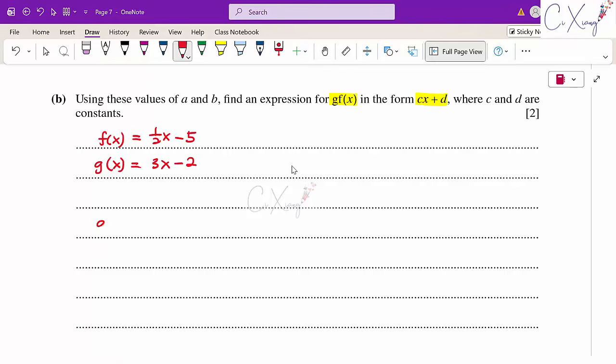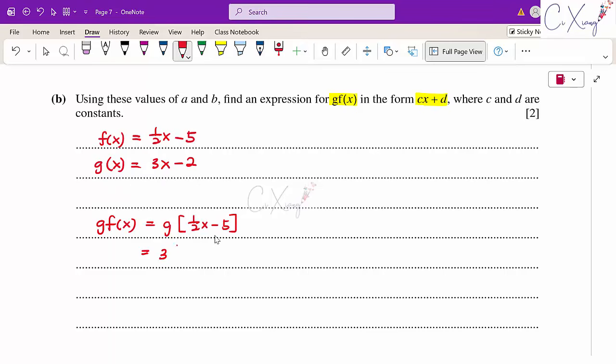I want to find the composite function g(f(x)). What is the function f(x) again? You have half x minus 5. Now you are putting half x minus 5 into your g. If your g(x) is 3x minus 2, then for g of half x minus 5, you have to replace the x by half x minus 5.